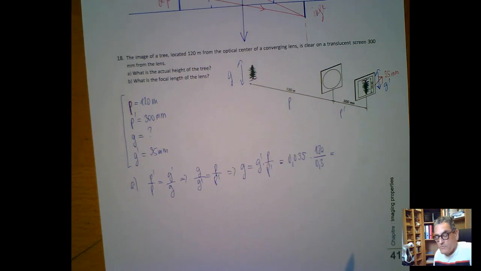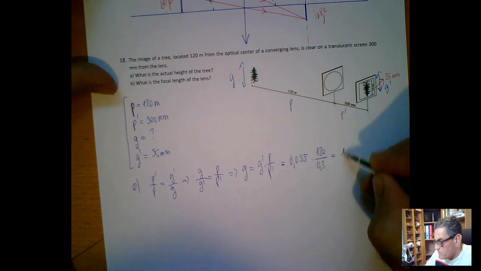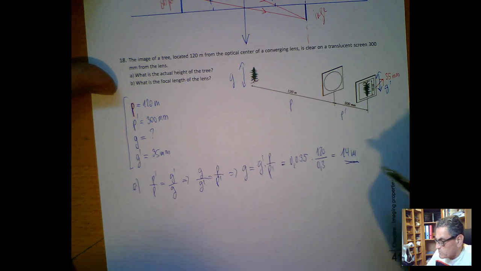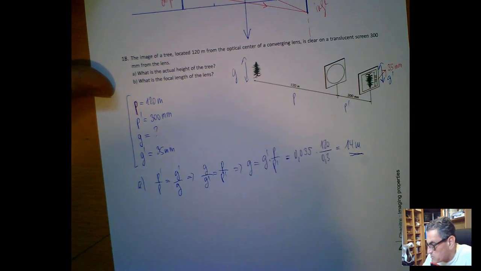So now if I compute that, 0.035 times 120 divided by 0.3, this gives me 14 meters, which is a decent height for a tree. It's a high tree, but it's decent.